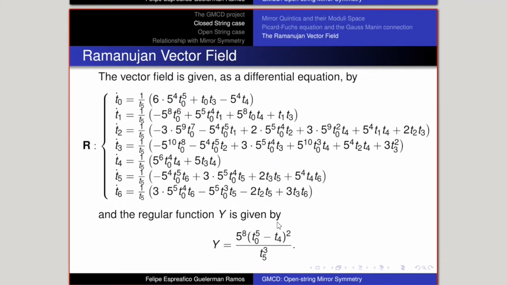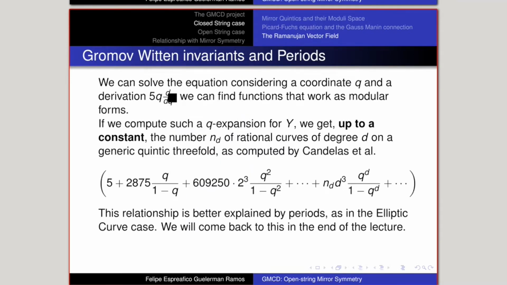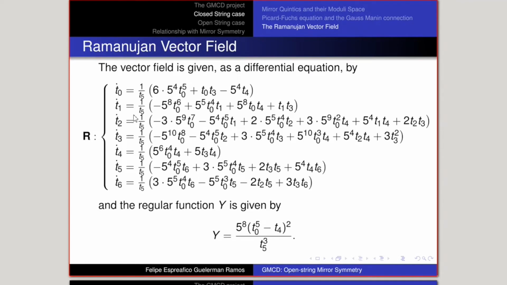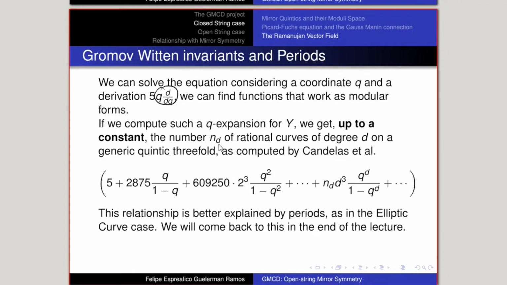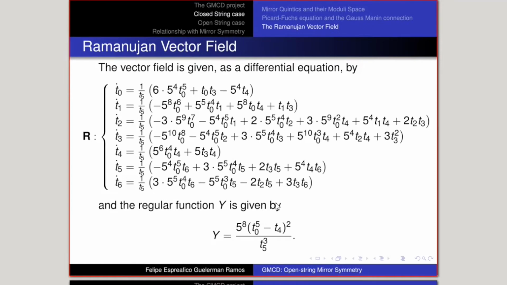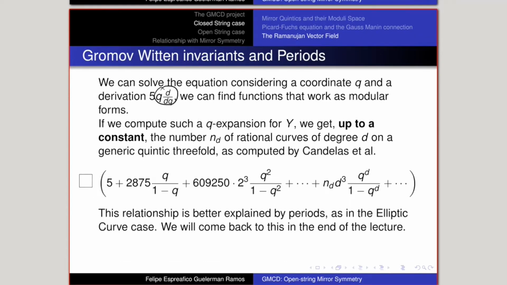And the point of all this is that you have differential relations among the TIs, and if you solve these differential relations for a coordinate q dq, then you are going to get these TIs written as Q expansions, right? And these are going to have modular properties, and the interesting thing is that this Y, which appeared here, is exactly the Yukawa coupling from mirror symmetry, right?